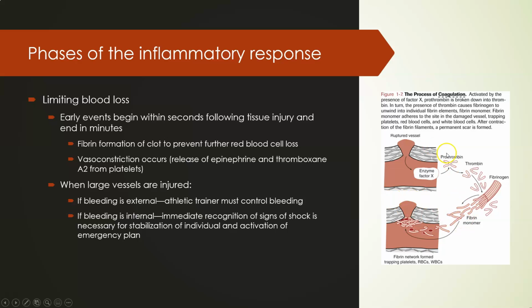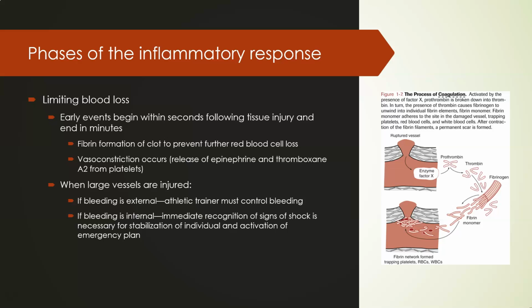That's not particularly the most important thing to understand, but we get this immediate aspect here where, due to the chemicals that are being released in there, that enzyme factor X, we get a reinforcement of that platelet plug with fibrin.